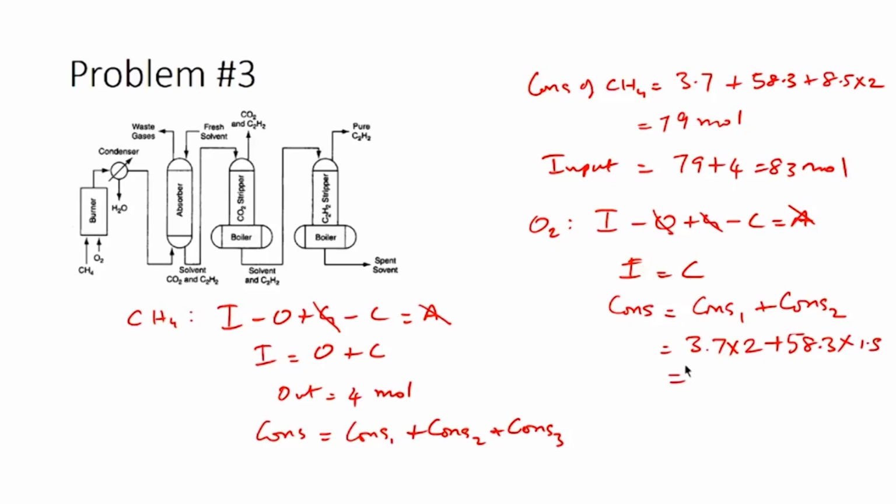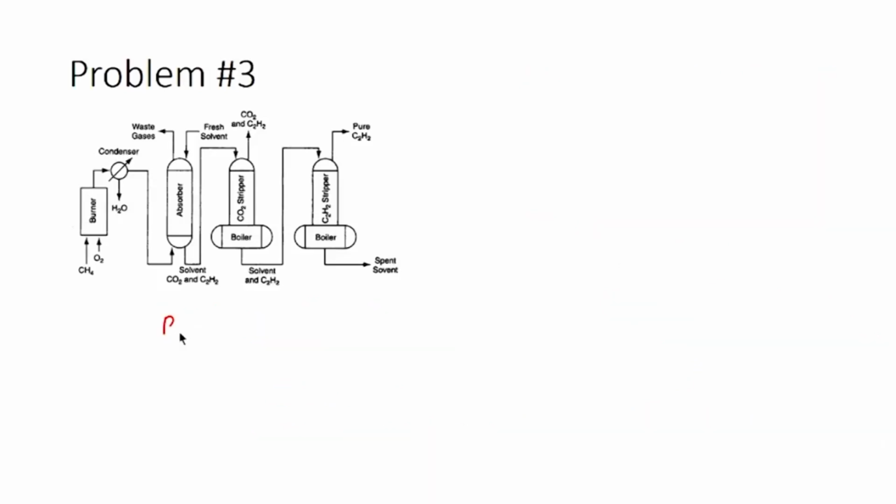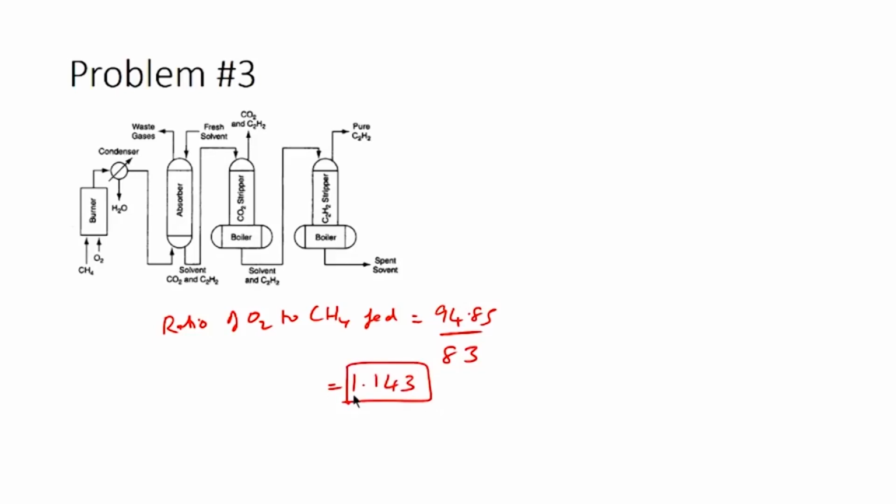So, the consumption is equal to 94.85 moles. Therefore, input of oxygen is equal to 94.85 moles. Based on this we can calculate the ratio of oxygen to methane fed as 94.85 divided by 83, which is equal to 1.143. So, this is the ratio of oxygen to methane which is being fed.